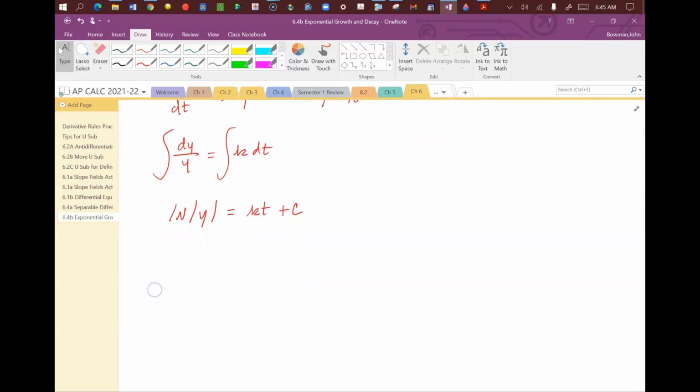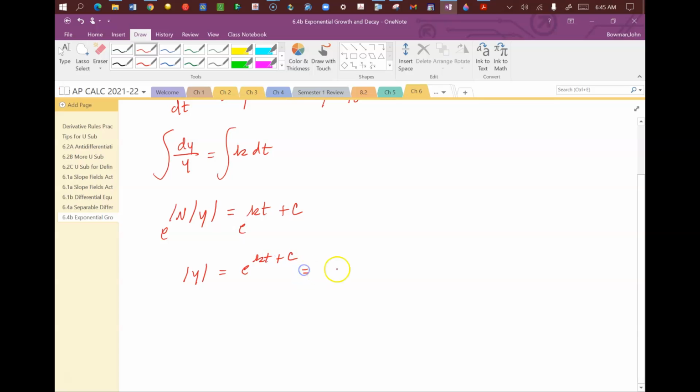If you recall, natural log is log base e, so exponential base e is the inverse of that. We take e to the power of both sides and get the absolute value of y is equal to e to the kt plus c.